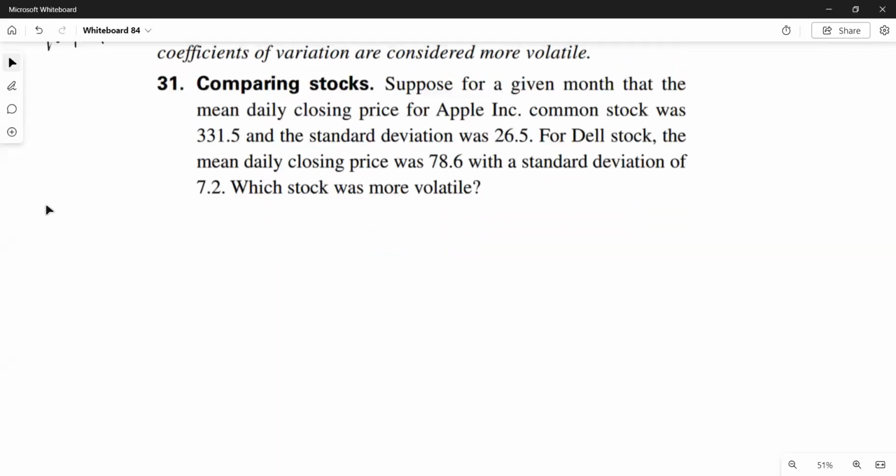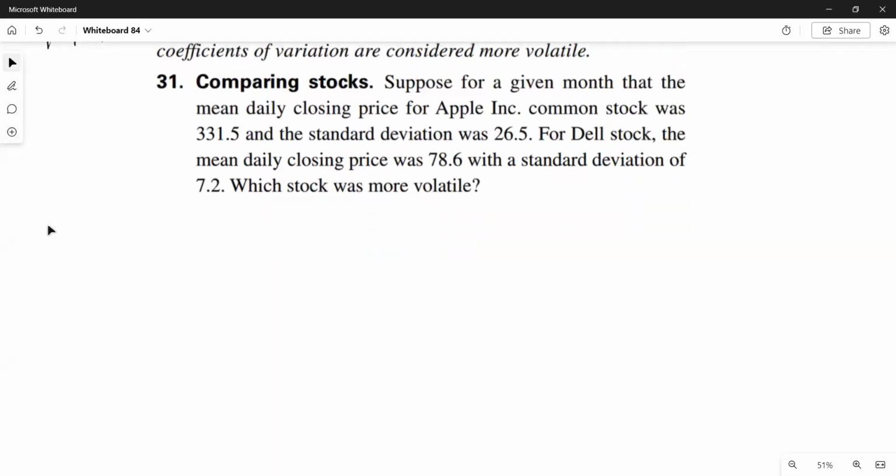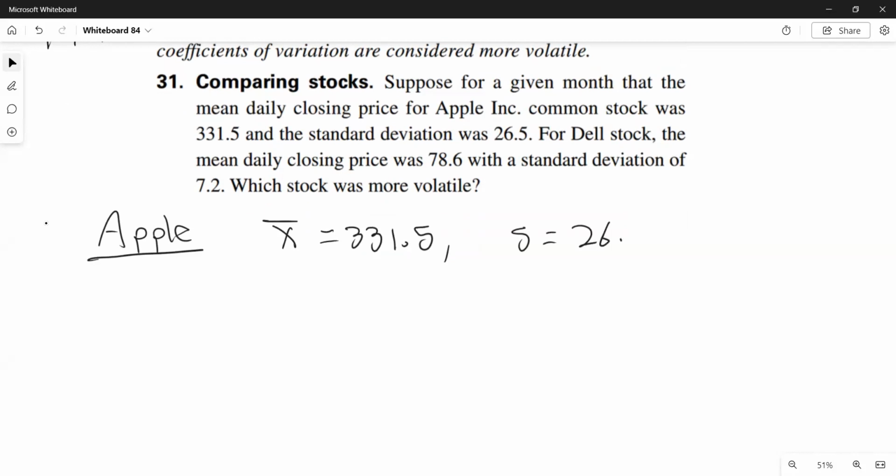So let's find out. Let's start with Apple. The mean daily closing price is 331.5. And the standard deviation is 26.5.